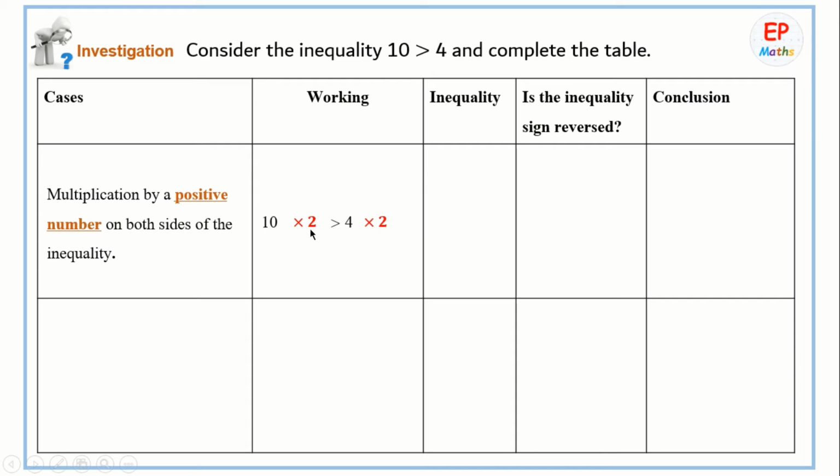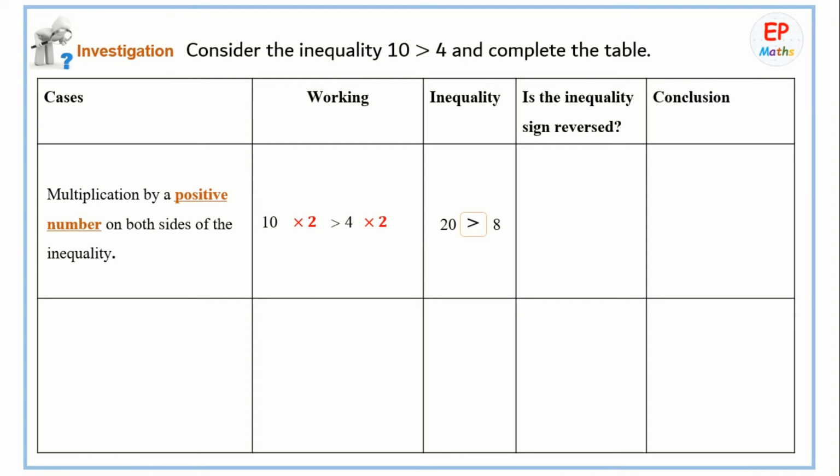So we say times 2 and times 2. We know that 10 times 2 is 20 and 4 times 2 is 8. So we have 20 and then 8. So we understand that 20 is more than 8. So the sign will be more than. What do you think?